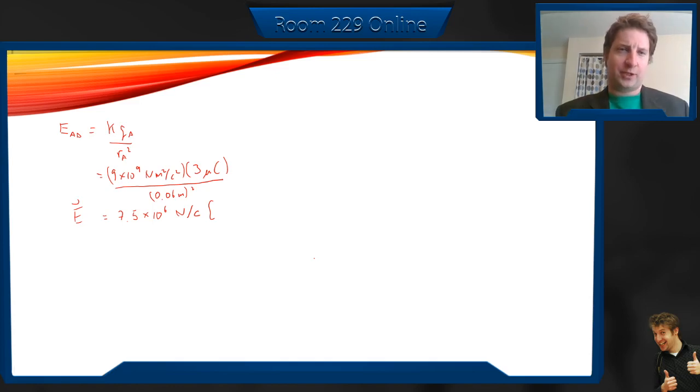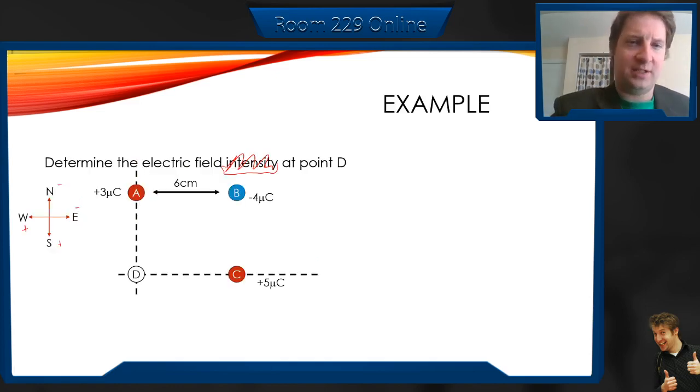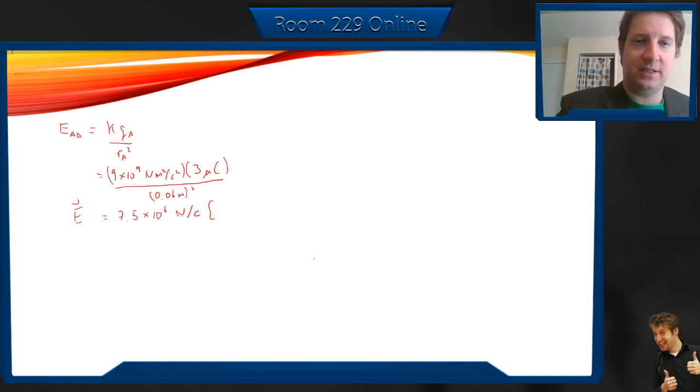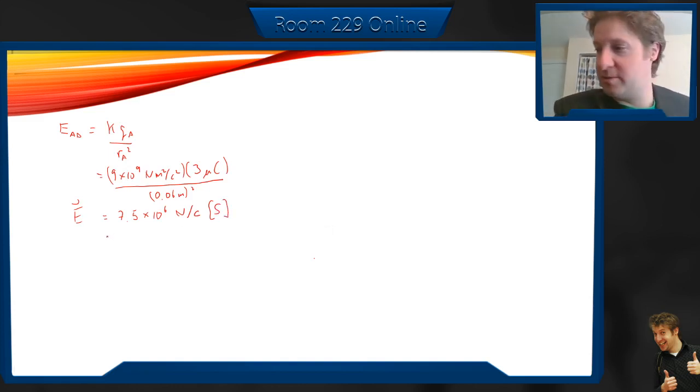Let's go back to our picture. Remember, this was a positive test charge, and this A is positive. So there's going to be a repulsion in this direction. There's going to be an electric field, let's call this E_AD, that's going to be pushing it away. So I can say that this is going to be south. Or, just to make my life easier, I'll do something a little funny here.